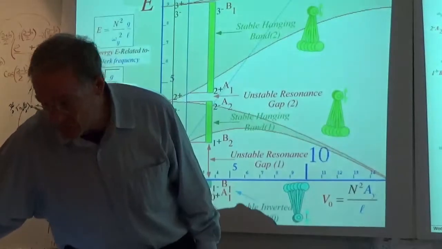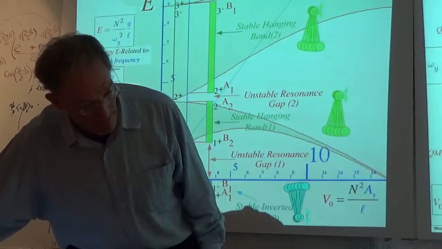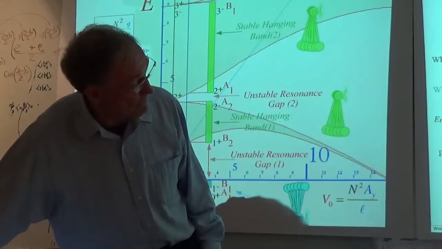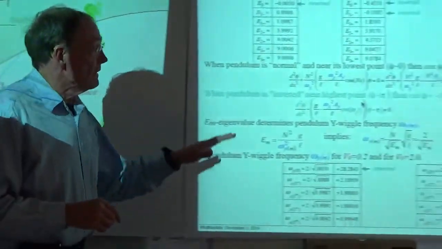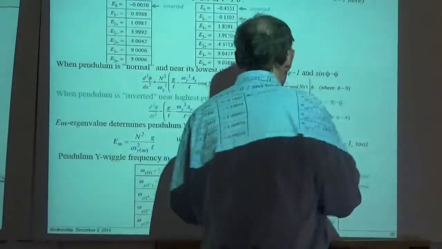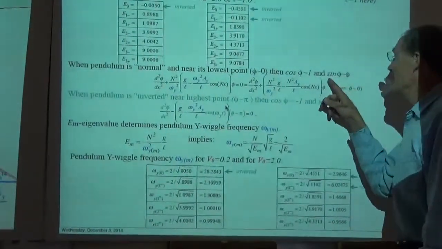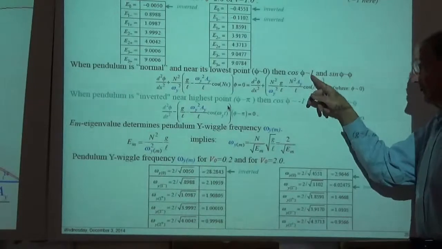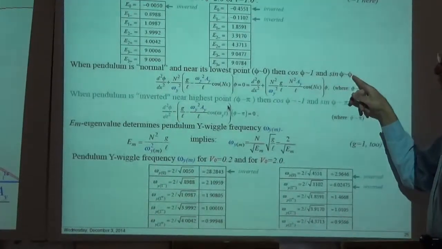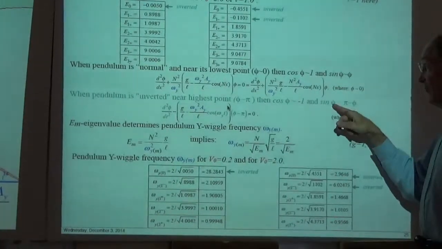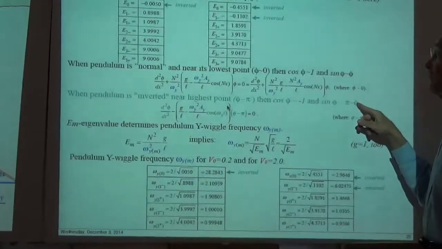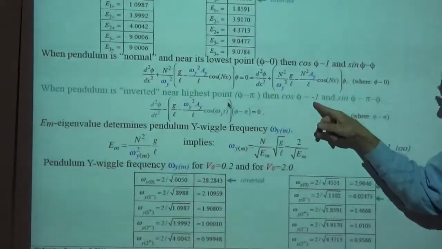Let's go back on this one to show that. You literally go from having the cosine of phi equal to nearly 1, to the sine of phi equal to pi minus phi, that's upside down, and cosine minus 1.